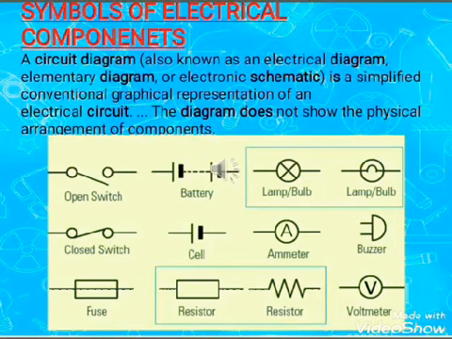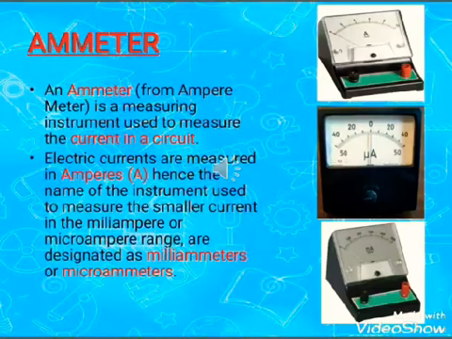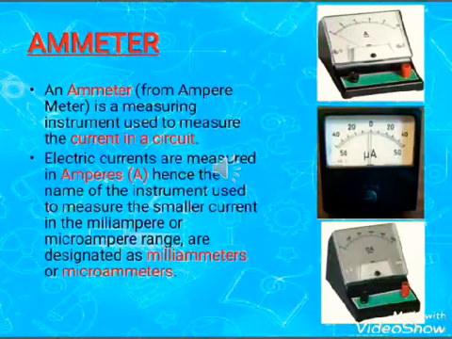Next thing is called the ammeter or ampere meter. In this slide you are seeing an ammeter, which is a measuring instrument for measuring the electric current in a circuit. It can be designed in two forms, milliammeters and microammeters.